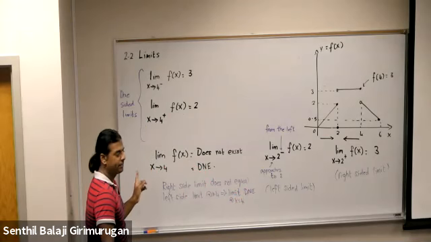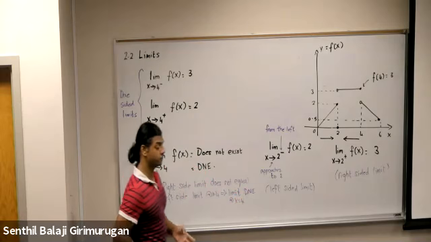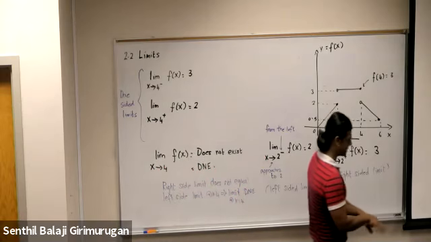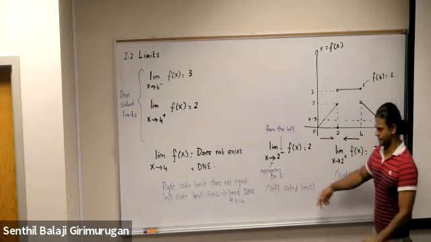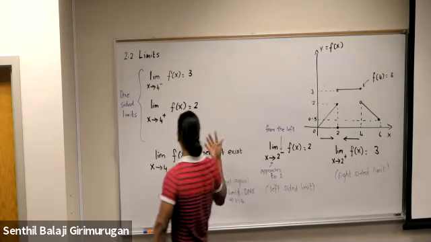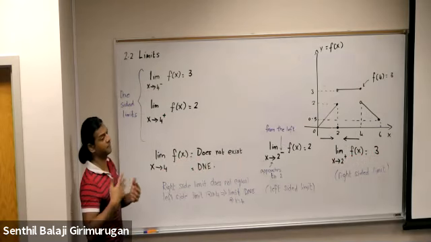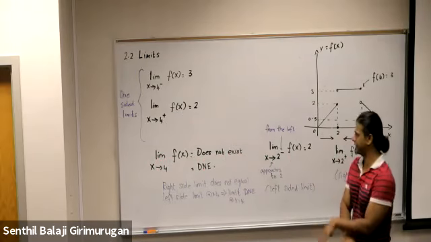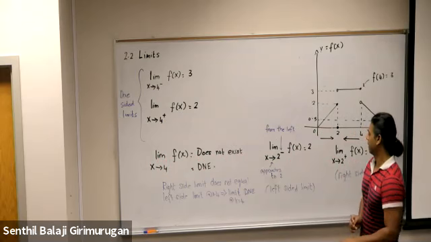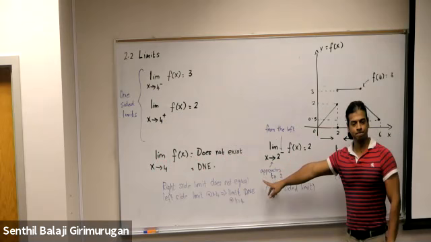So the right-side limit doesn't equal the left-side limit at x equal to 4. So the limit does not exist at 4. For us to say that a limit exists would simply mean the right and the left limits must be the same. And you may say, well, that's never going to happen. Well, it'll happen under one or two conditions. Are we clear?